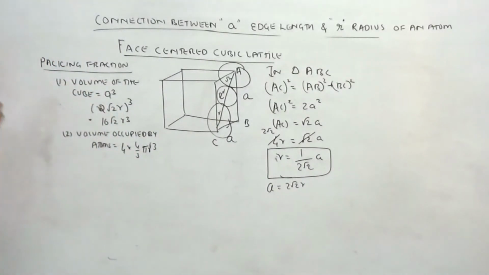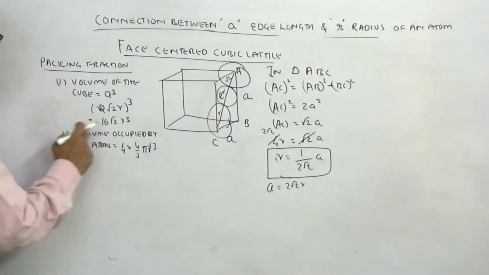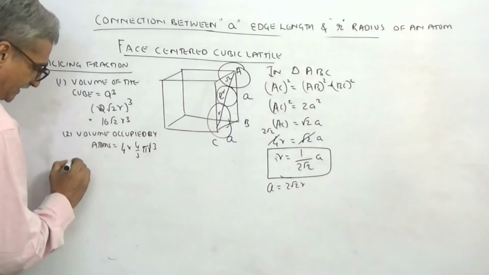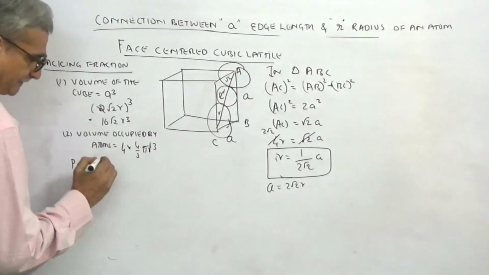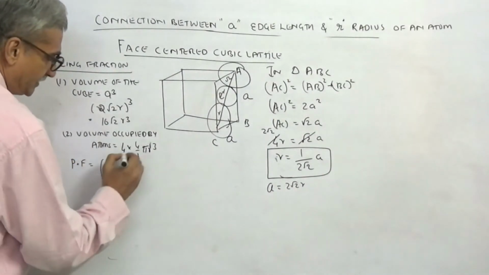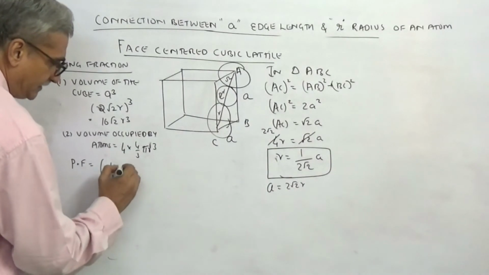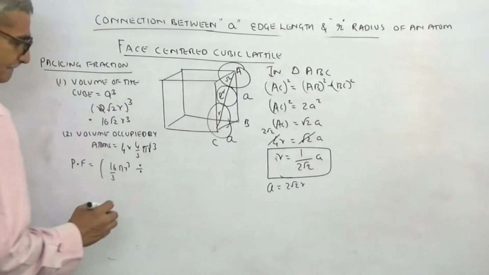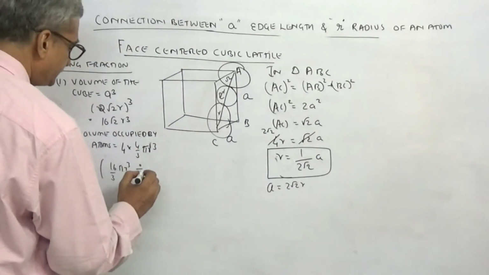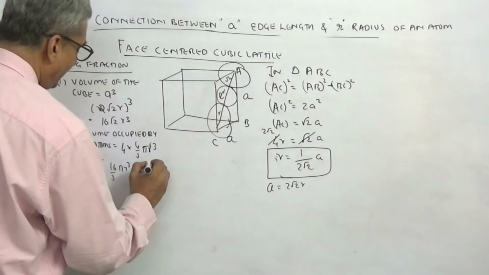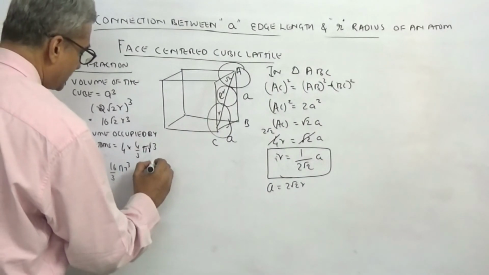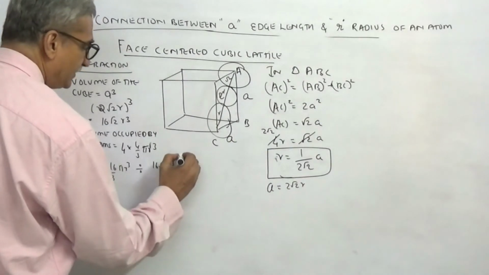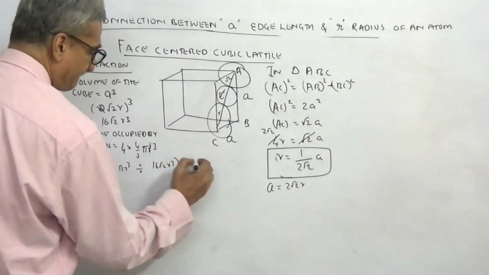So the volume occupied by the atoms divided by the total volume of the cube, into 100, is the packing fraction. I write PF for short. So we have 16 by 3 pi r cube divided by 16 root 2 r cube, into 100.